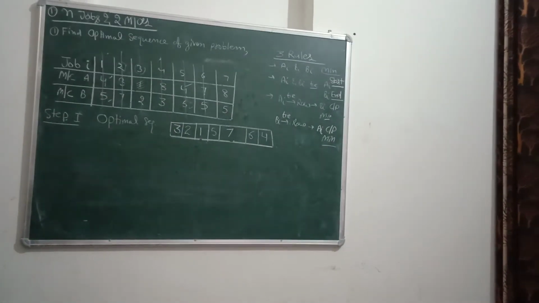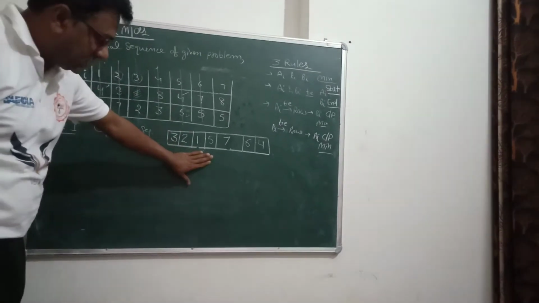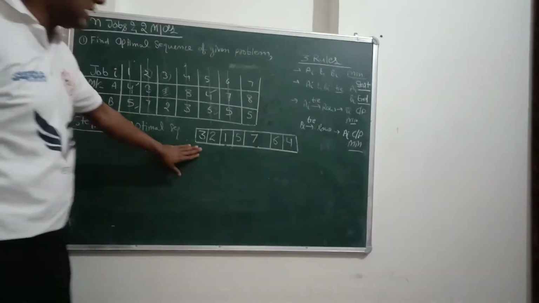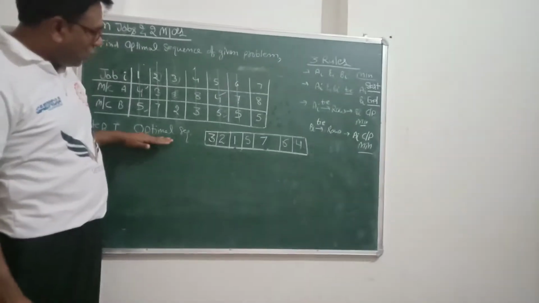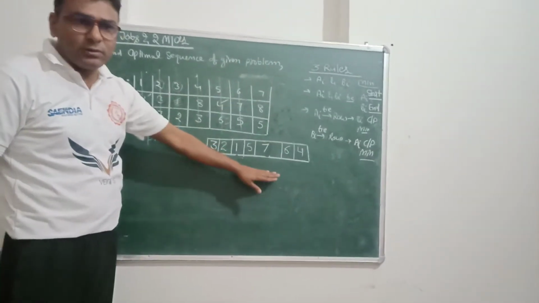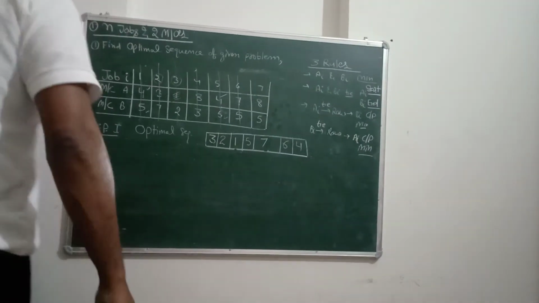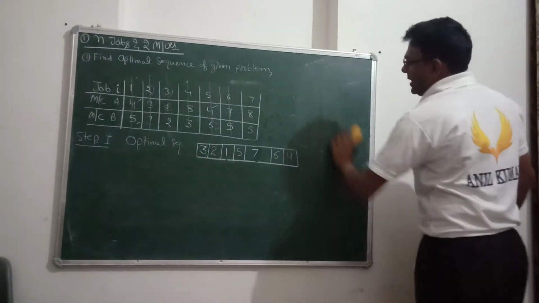Now the next step is to find the total elapsed time for this sequence. This is also very important, and we can say that it is easier also. If you are able to achieve the optimal sequence in a correct manner, then you can solve the entire question easily. Now what we have to do is find the total elapsed time, and for this purpose I will be using this space.